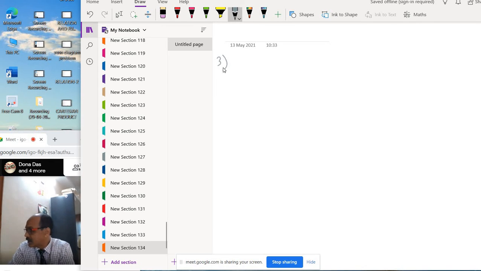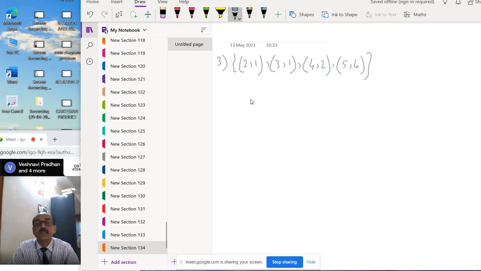The relation is (2, 1), (3, 1), (4, 2), then (5, 6). So this is a relation.